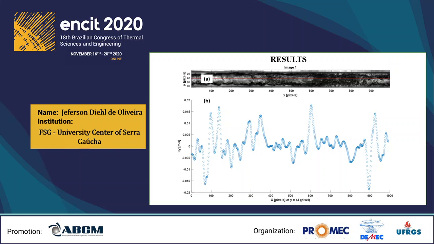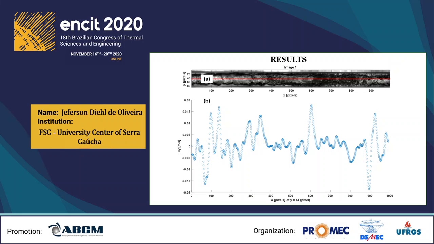A churn flow regime was observed with a global interface y component of velocity ranging from minus 1.8 centimeters per second to 1.8 centimeters per second at the radial position equal to 44 pixel along the flow, the red line here.